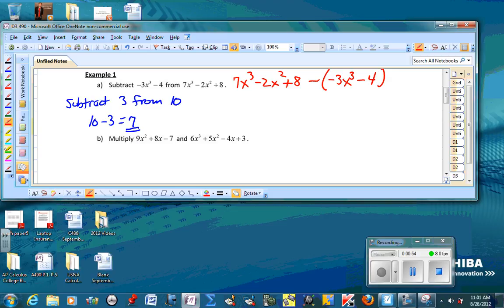Okay, now the next move is to distribute the negative 1. Multiply each term in the quantity by negative 1, and let's see what we get. Negative 1 times negative 3x cubed is plus 3x cubed, and negative 1 times negative 4 is positive 4. Now we'll combine like terms.